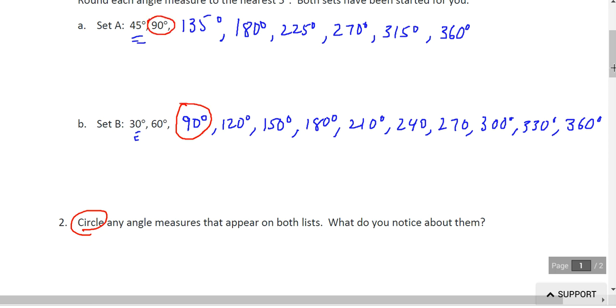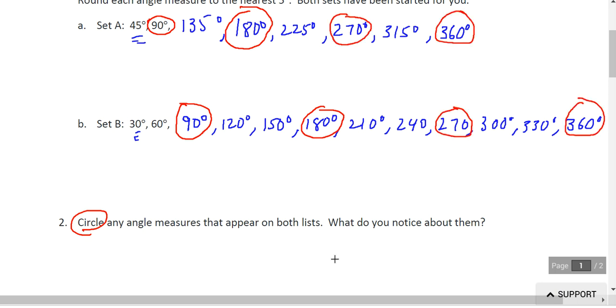Go ahead and pause the video and circle any that appear on both lists and hit play when you are done. Well, what's the next one? I'll give you one more. Okay, 180 is on both of them. Now you find the rest and hit play when you're ready. All right, how'd you do again? Probably just fine. Now, what do you notice about them?